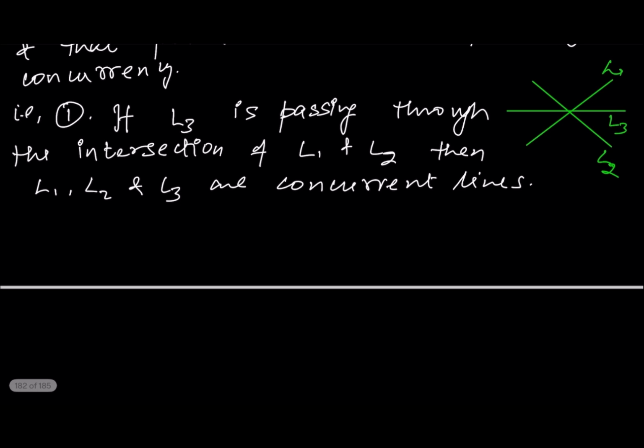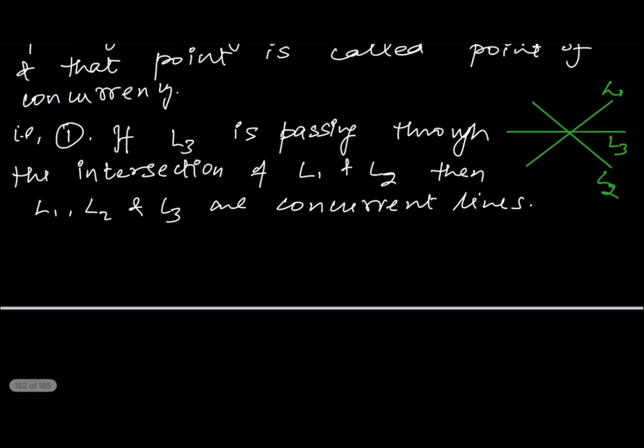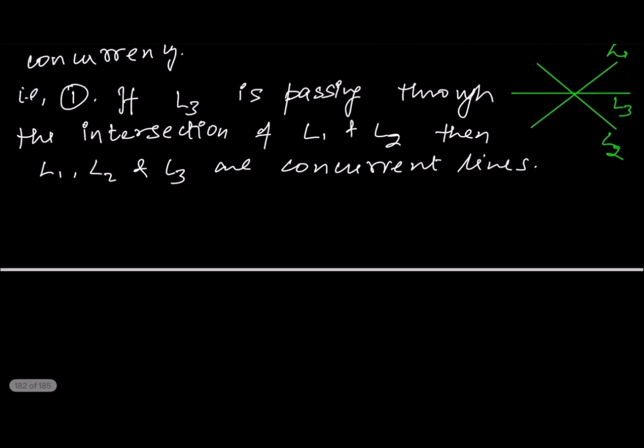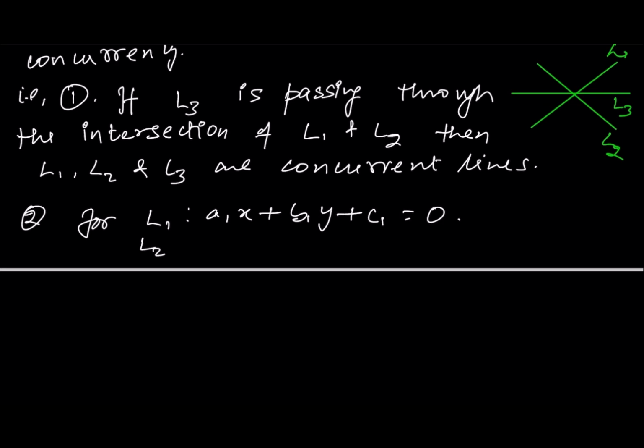Then we can say L1, L2, L3 are concurrent lines. For L1, A1x plus B1y plus C1 is equal to 0. L2, A2x plus B2y plus C2 is equal to 0.